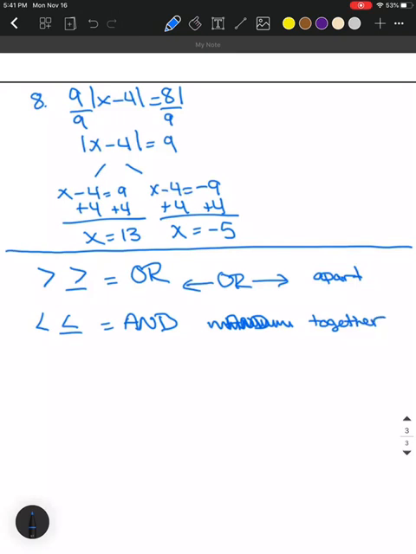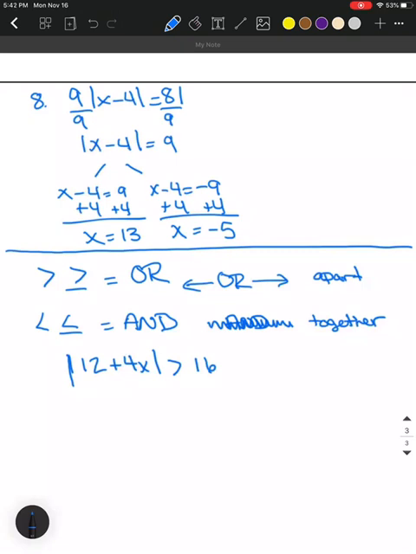Okay, so for number 9, we have the absolute value of 12 plus 4x is greater than 16. So this is telling me it is an or statement. So again, we're still going to follow the same rules as solving absolute value equations. Isolate, separate, and solve. If I look at this one, this absolute value is by itself.